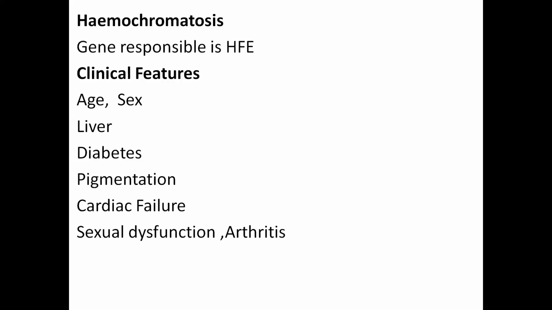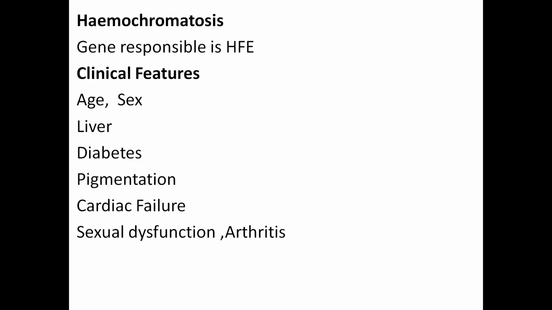Now what are the organs where iron is stored? The most important organ is the liver, then pancreas, skin, heart, and endocrine organs. So clinical features will depend on which organ is dysfunctional. For example, when the liver is affected, the patient will present with cirrhosis.